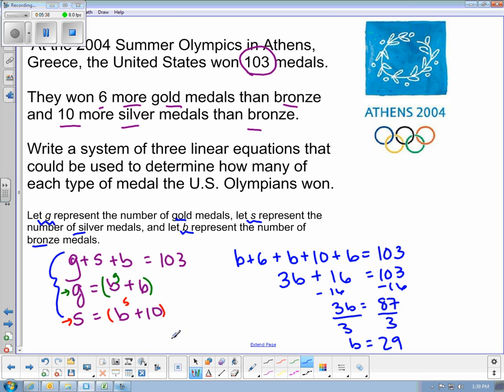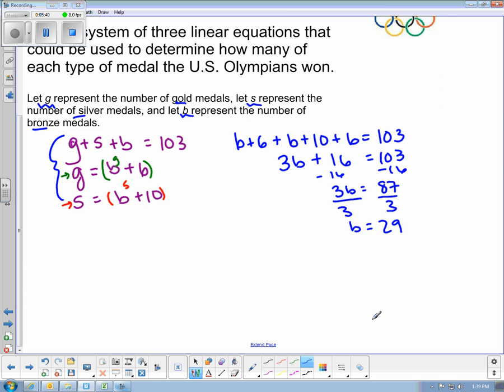So that tells me the number of bronze medals. So that's a good start because now I know one. Now what I can do with that is I can take the bronze medals and plug it back into both of these equations. So if I do that for the gold, I'd have gold equals the bronze 29 plus 6, which means gold is equal to 35. I can also do that for the silver.